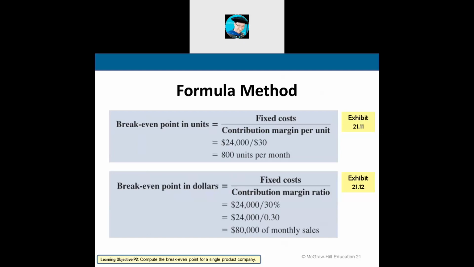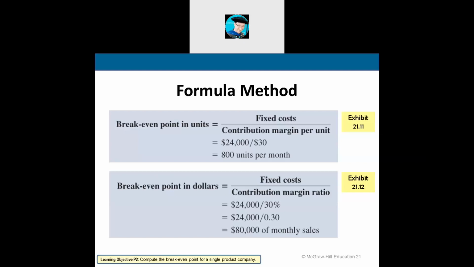First, number of units. This is the number of units I need to sell in order to break even. We take our total fixed costs. Remember, the fixed costs are the costs that do not change regardless of the level of output, and it's fixed for the year, right? Our fixed cost, in this example, is $24,000, divided by our contribution margin per unit. There's that word again, contribution margin per unit.